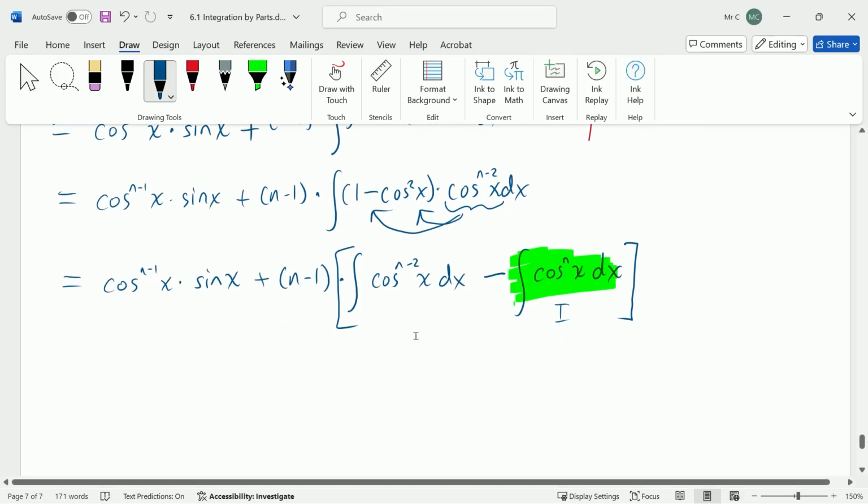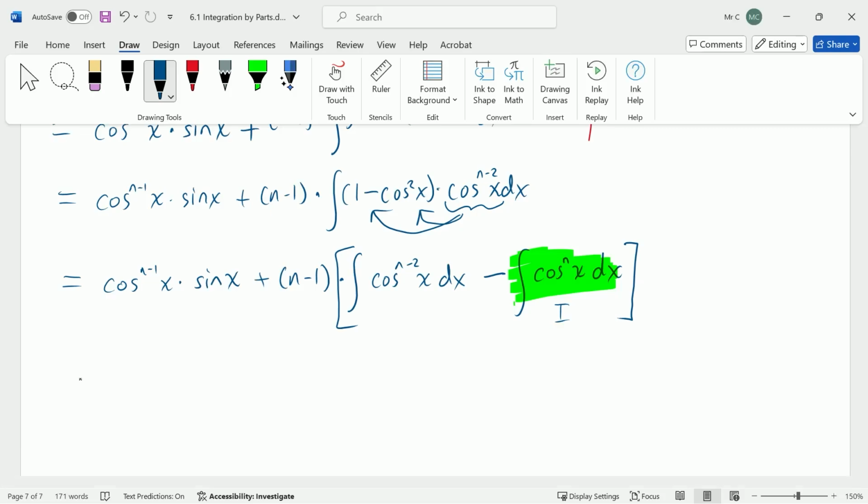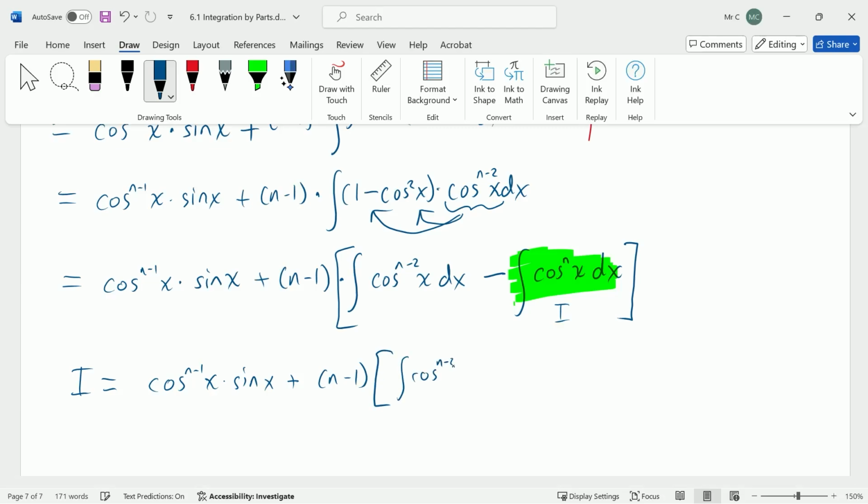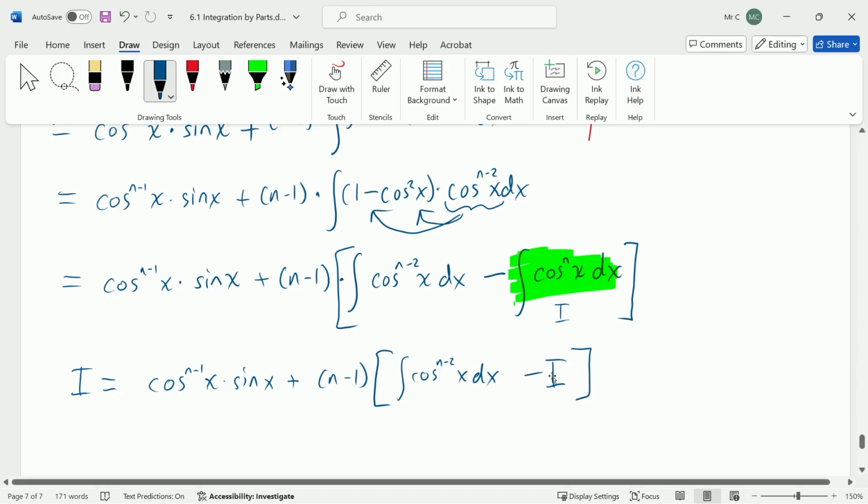So now I'm going to do the same sort of thing I did before and write this as an algebraic expression. My original integral is equal to cosine to the n minus 1 power of x times sine of x plus n minus 1 times the integral of cosine to the n minus 2 power of x dx minus I. And then I'm going to solve it algebraically.